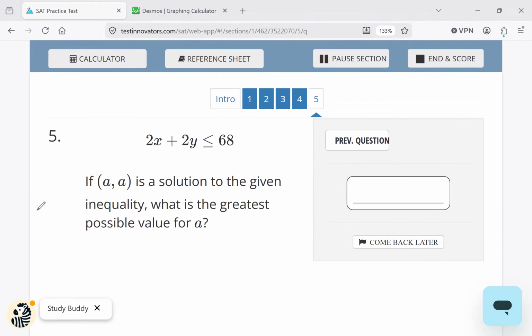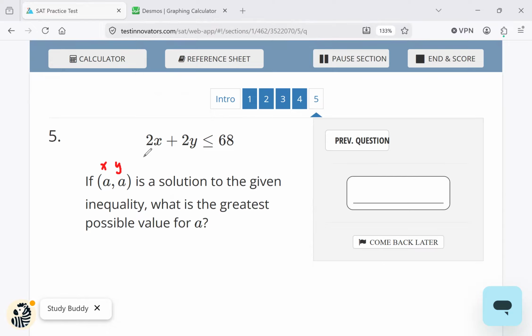Question five says, given the inequality 2x plus 2y is less than or equal to 68, if a, a is a solution to the given inequality, what is the greatest possible value for a? The a is the coordinate x and y.